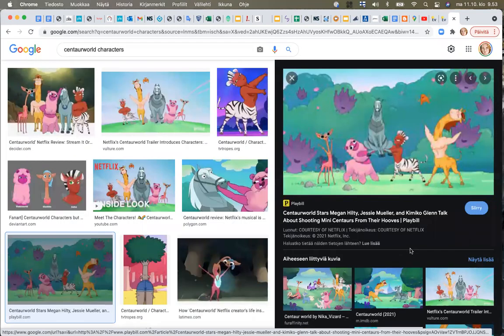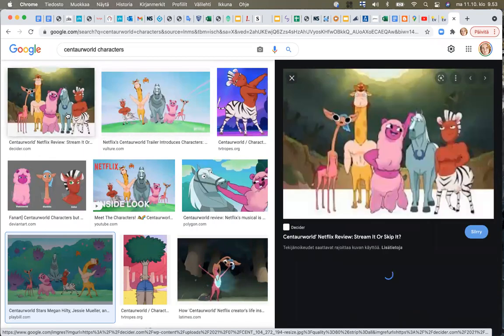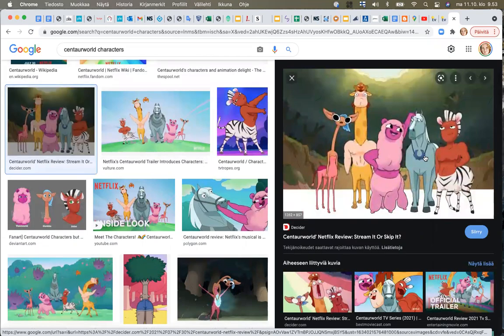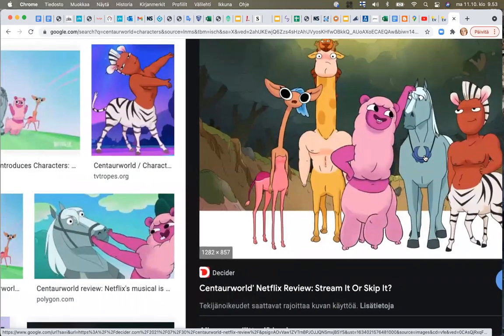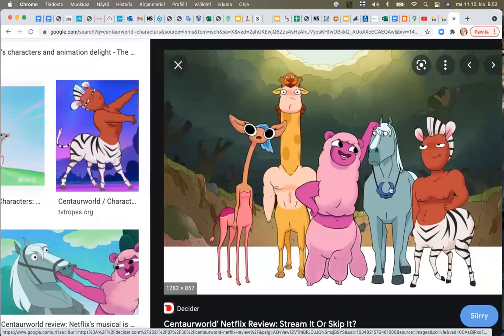So basically there's 5 Centaur World basic characters who are from the Centaur World. And then we have the 6 who is horse.